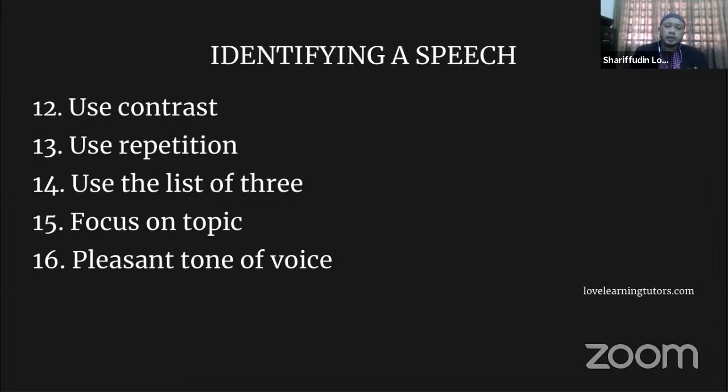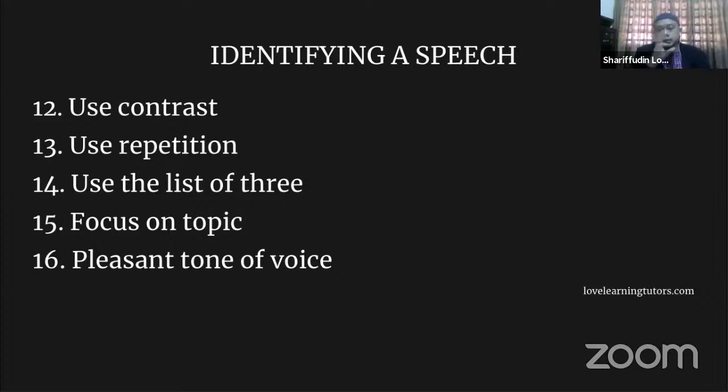Tapi sebenarnya what I want to say is that if we feel that our voice is not as good as the impression that we have, the idea that we have of what a good speaker sounds like, sebenarnya tak.